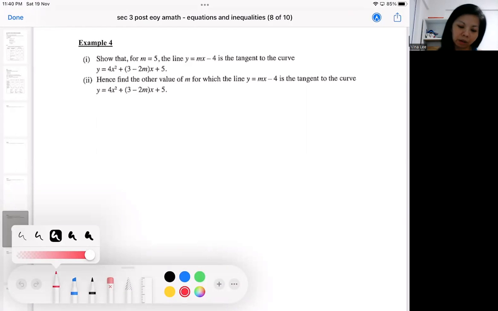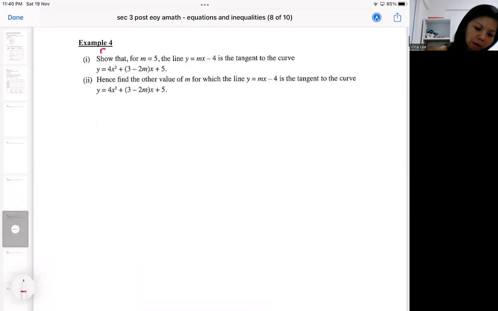So in this question, I'm supposed to show, or rather explain. So it's a bit like showing or explaining that for m equal to 5, the straight line is a tangent to the curve. So maybe we want to work out the value first with m equal to 5.